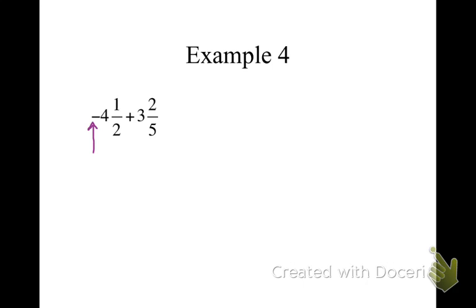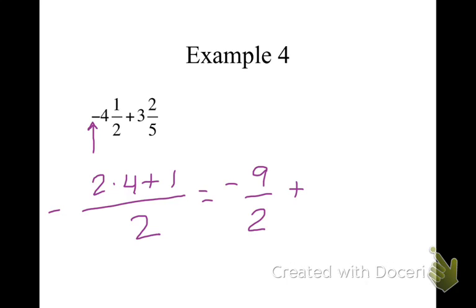So simply take 2 times 4 plus 1 over 2, and that would be a negative part of that fraction. So what that's going to be equal to is a negative 9 over 2 plus, and then we'll have 3, this fraction over here becomes 5 times 3 plus 2 over 5, which will be 17 over 5.